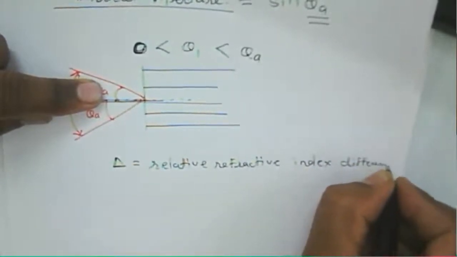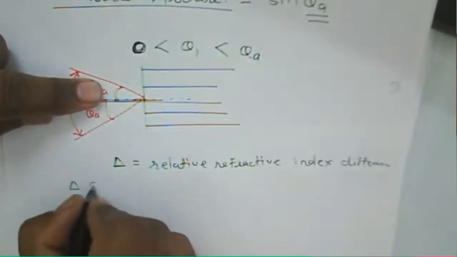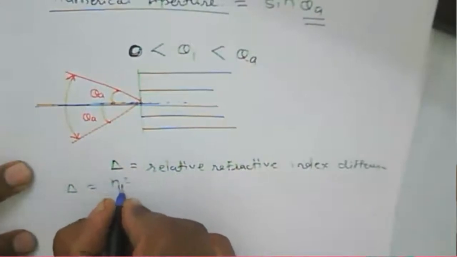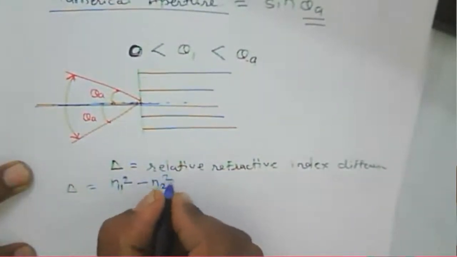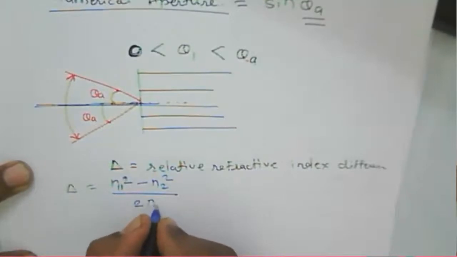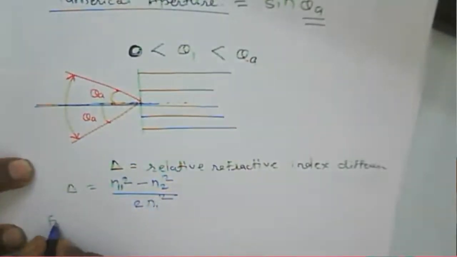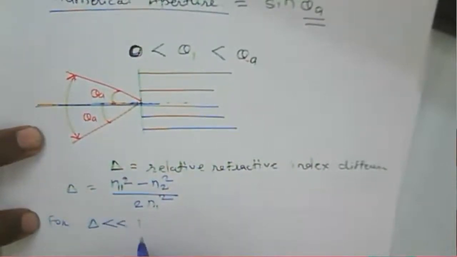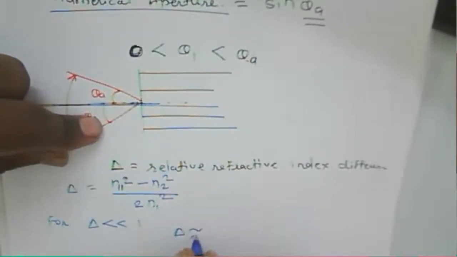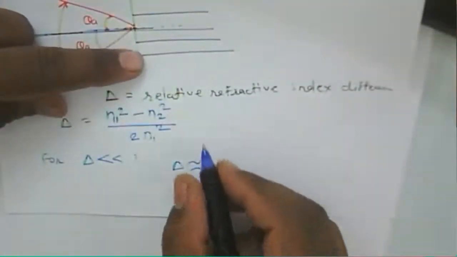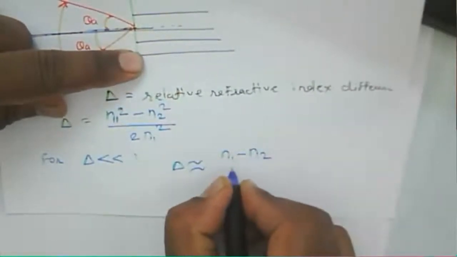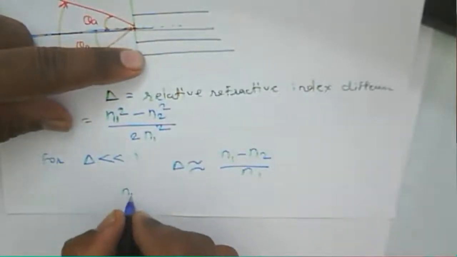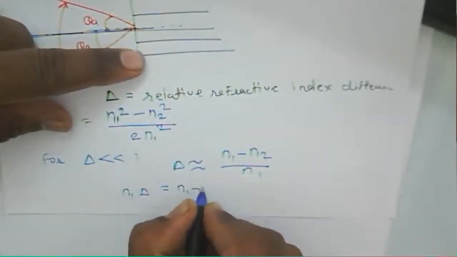So now we can write the numerical aperture in terms of the refractive index difference. Del is the relative refractive index difference. We can write del is equal to n1 square minus n2 square divided by twice of n1 square.